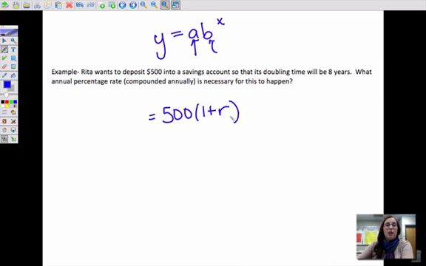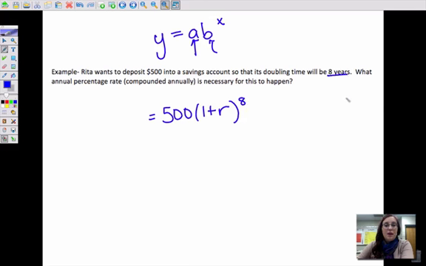And then I want to know how much time it's going to take to double. Oh no, wait, sorry. I want to know how much the rate needs to be so that after 8 years the account is doubled. So I put the 8 in the exponent because that's not a variable.